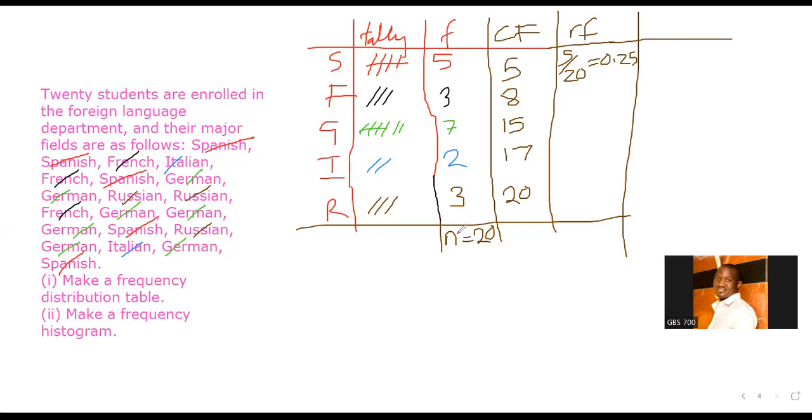Then 3 divided by 20, 0.15. 7 divided by 20, 0.35. 2 divided by 20, 0.10. 3 divided by 20, 0.15. The total is supposed to be 1.